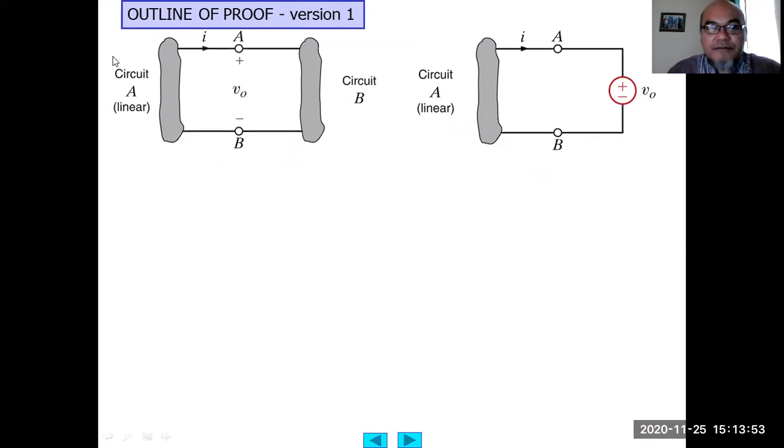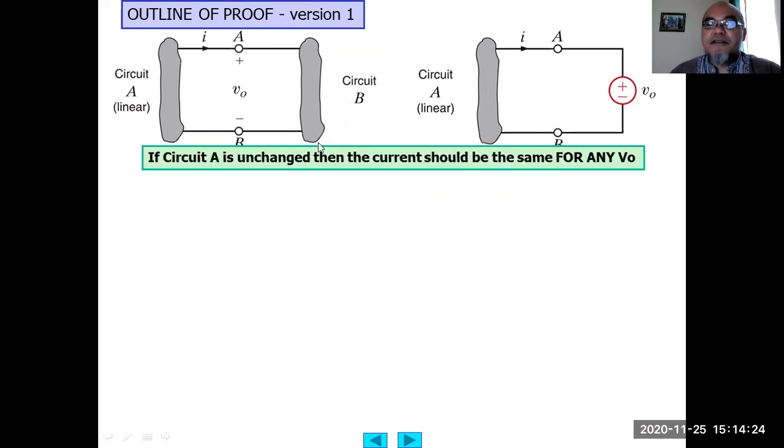So, the proof of this theorem. Circuit A is linear and it supplies current I towards circuit B, connected at both terminals A and B. If we consider circuit A is linear, circuit B can be considered as a voltage source according to the passive sign convention, right?